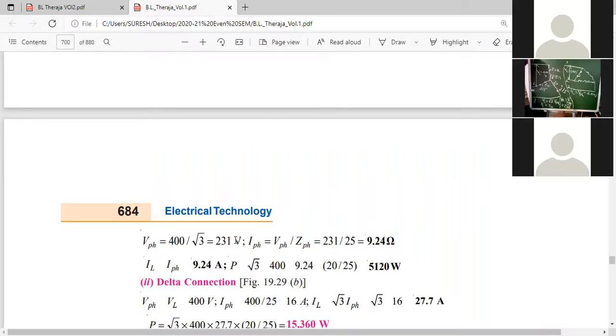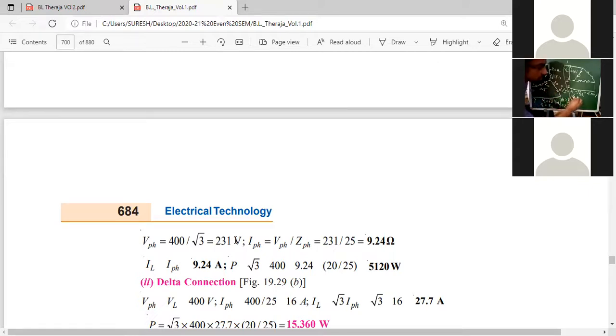But in delta, V phase is 400 volts. See the difference? In star connection, V phase is 231, but in delta, V phase is 400 volts. Now here, Z phase is same in both the cases.